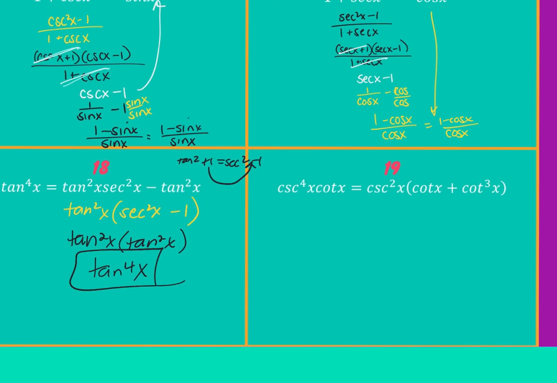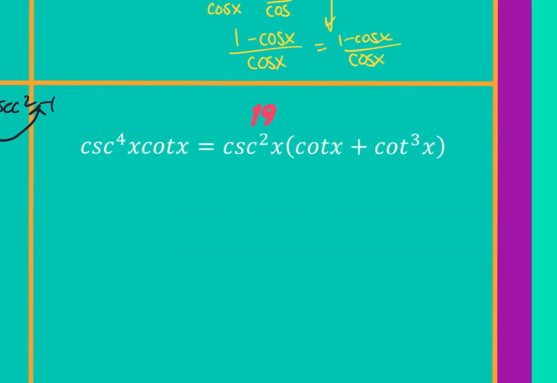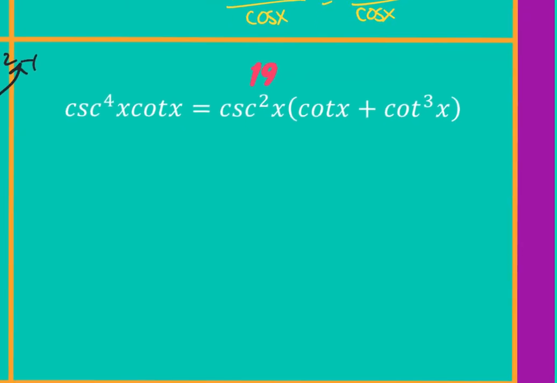Okay, we did 18. You'd have to factor out that tangent, and so we're at 19. So I get cosecant to the fourth times cotangent x equals, and then it's cosecant squared x times cotangent x plus cotangent squared x. So in keeping with that factoring idea, we can actually take out a cosecant squared x and a cotangent x on the right, and this becomes 1 plus cotangent squared x.